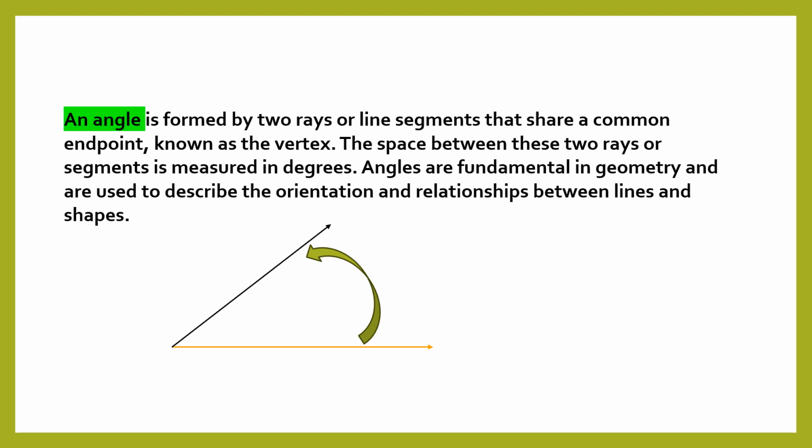Angles are fundamental in geometry and are used to describe the orientation and relationship between lines and shapes. So in the figure below, you see that the two lines meet at this common vertex, forming the angle.